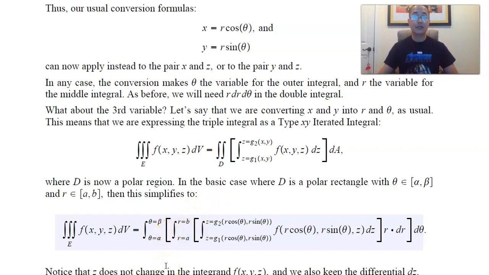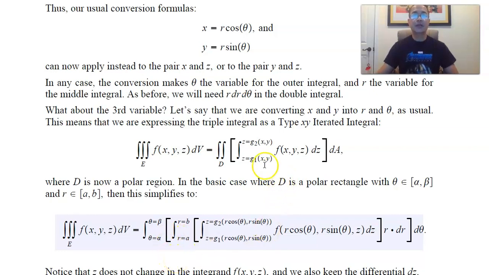Okay, so we saw circles, for example, which are centered on the x-axis, but not on the origin. Okay, so those look like r equals 4 cosine theta, let's say, or r equals 6 sine theta. Okay, so it's usually safer to put theta on the outside of the integral. Okay, and perhaps r will depend on theta. Here it's just a polar rectangle.